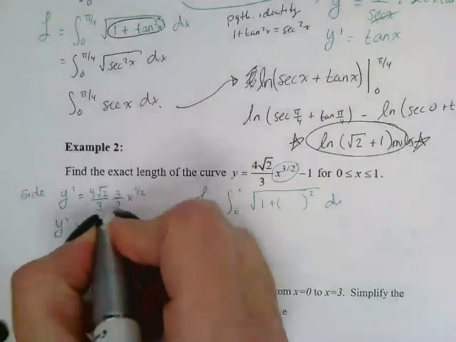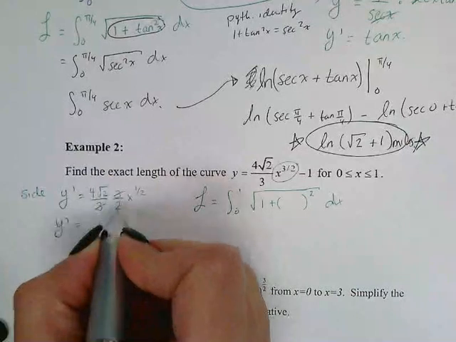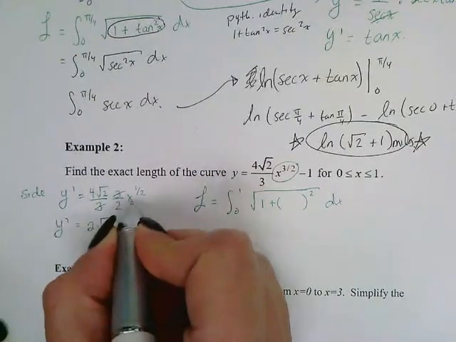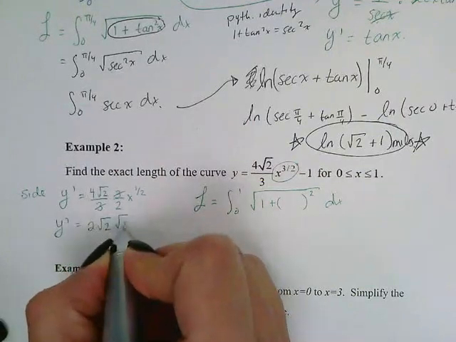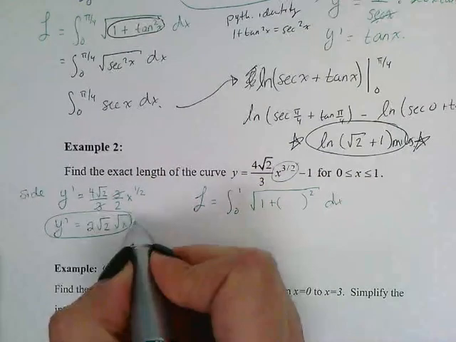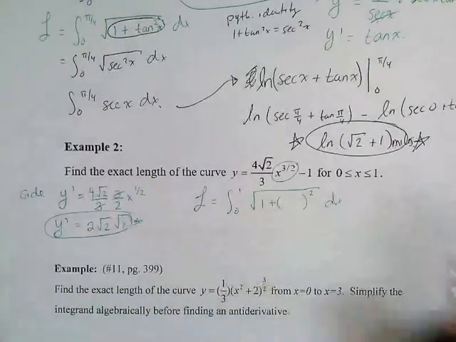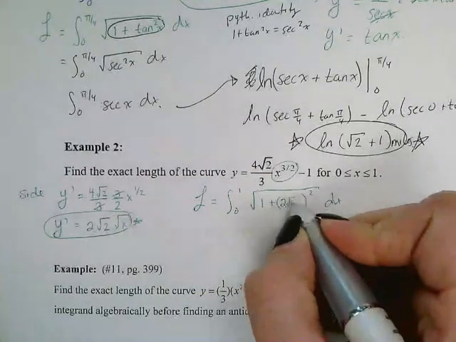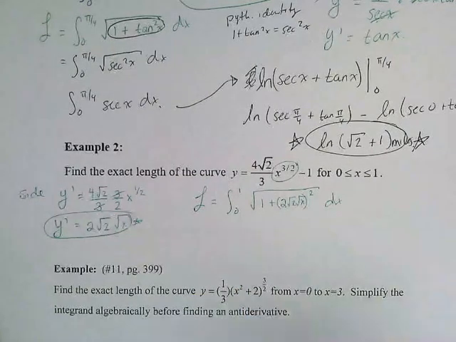The 3's are gone. 4 divided by 2 is just going to be 2 square root of 2. And then x to the 1 half is just square root of x. Alright, so that's our derivative, and that is what is going to go into that parenthesis. So it's 2 square root of 2 square root of x.